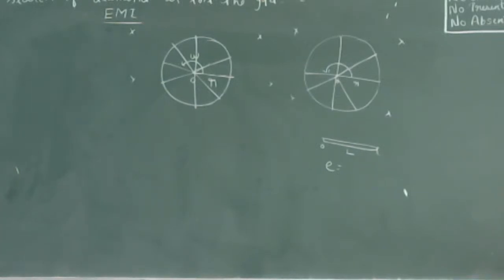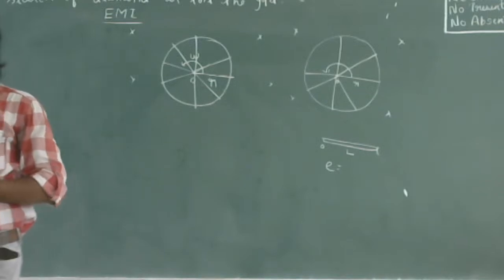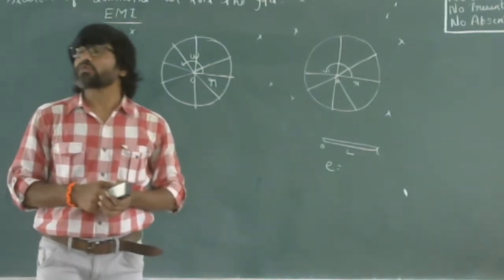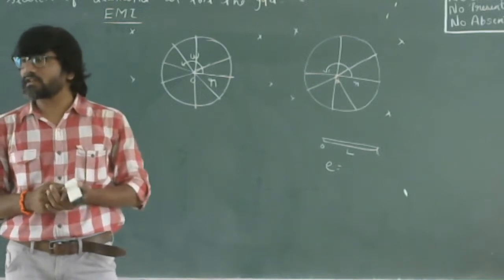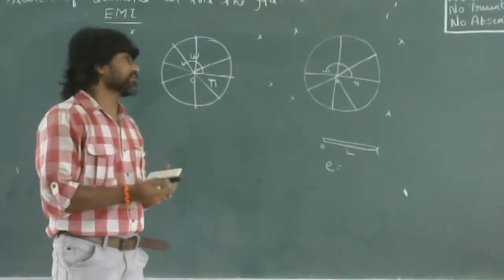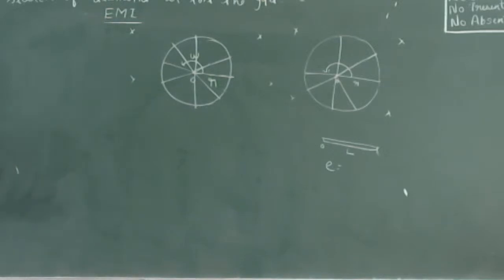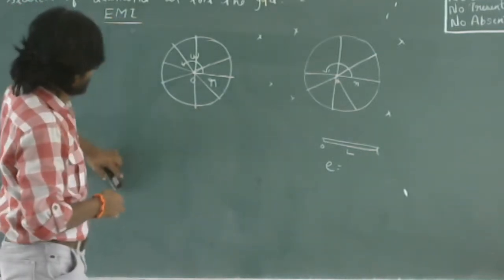So what is EMF induced in a rotating rod? B omega L square by 2. Right? In NEET we have not discussed. Then we will see briefly once again what is the EMF produced in a rotating rod. Then we will go ahead with this.